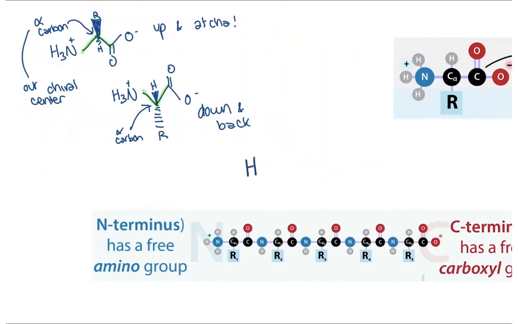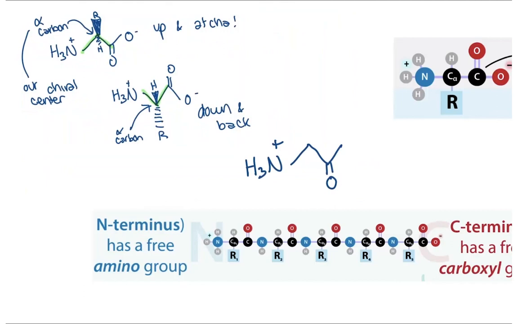So what you're going to end up with is H3N plus, then one that goes up, and then you have your carbonyl carbon. But in this case, the OH, the second O from the carboxylic acid, is going to hook up with the hydrogens from the amino group of another one. You're going to lose the equivalent of water.